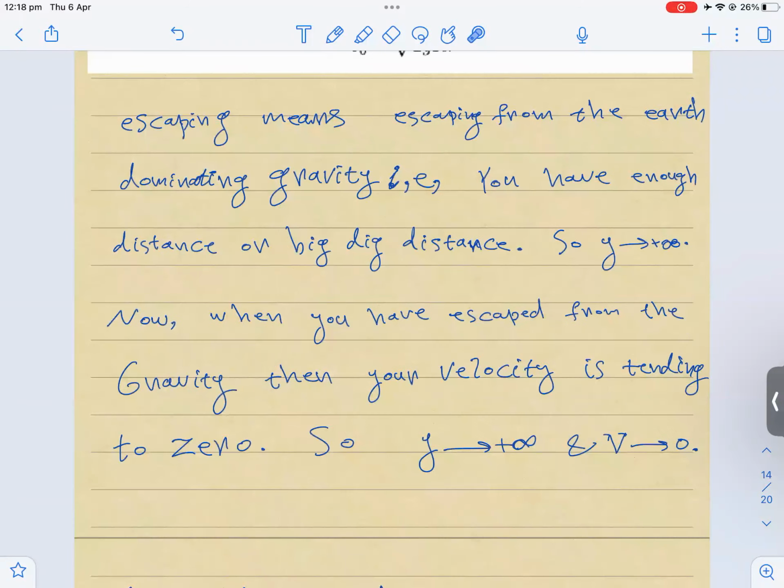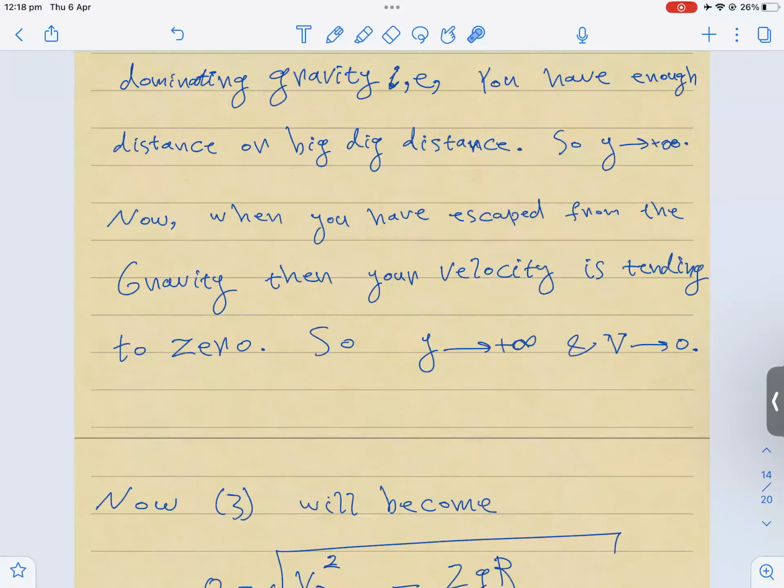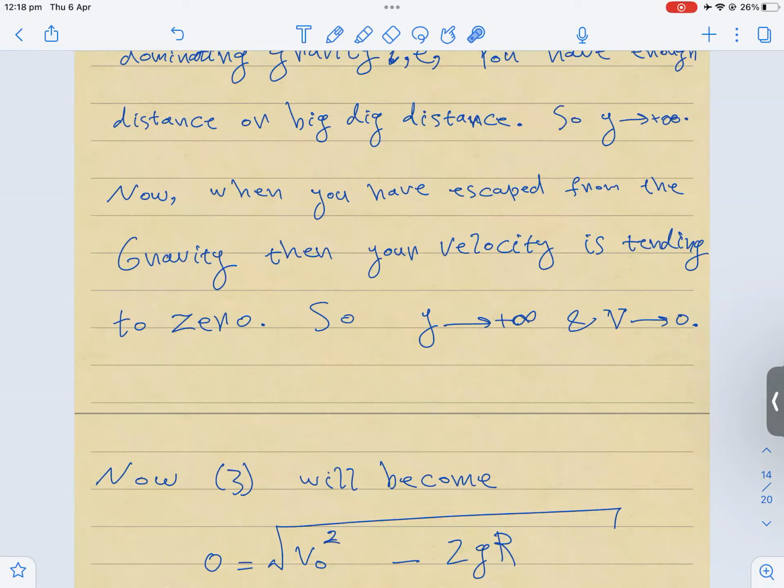So this means the y position goes to a big number, not plus infinity, it's not true, but it's a big number. And the velocity at that time is 0; it's tending to be slower, not really 0.